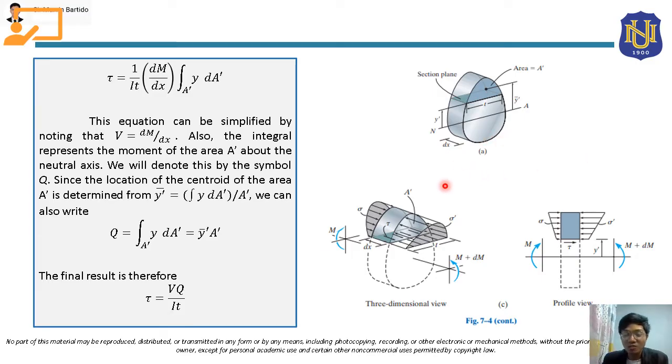In this case, the point we considered is y prime from the neutral axis. So this is the shear stress that acts at this point of our cross section.